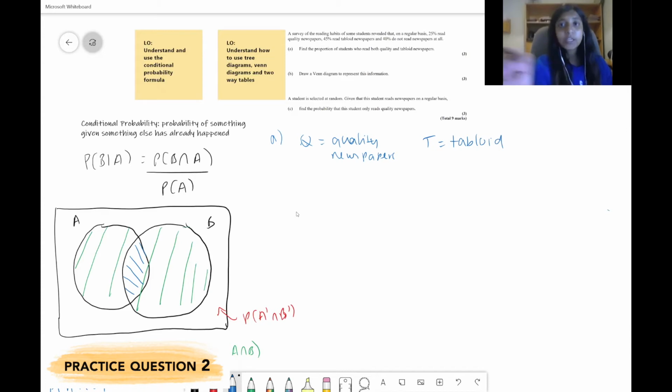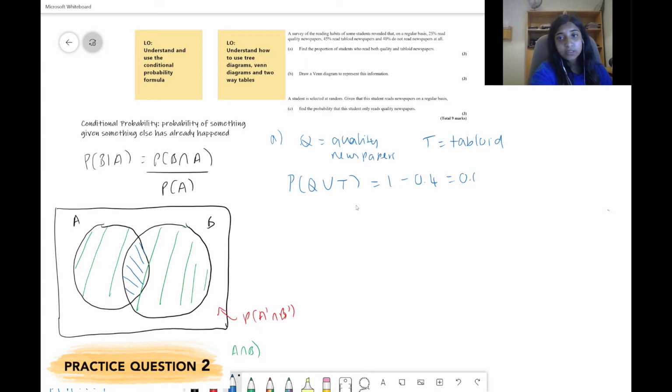Because we know that 40% don't read newspapers at all, then 1 minus that would be the probability of those who read either quality or tabloid. So the probability of Q union T would be equal to 1 minus 0.4, which is equal to 0.6. So now we want to find the proportion who read both quality and tabloid, so we want the probability of Q intersection T.